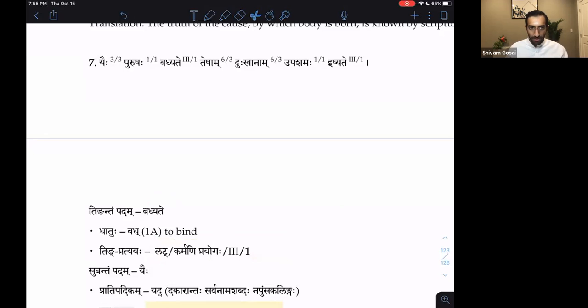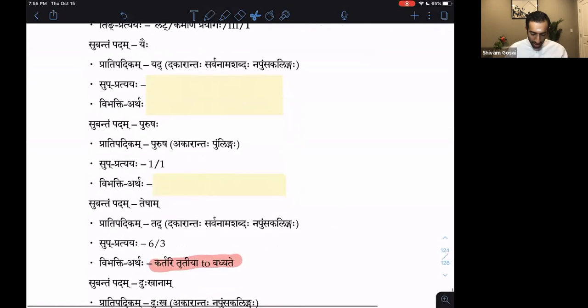All right, so now we always want to go with the 1-1. Notice how Medaji went with the third case, but let's go with the 1-1. Okay, so badhyate. Now 1-1 is purushaha. Purushaha badhyate. Purusha akaranta pullinga 1-1.